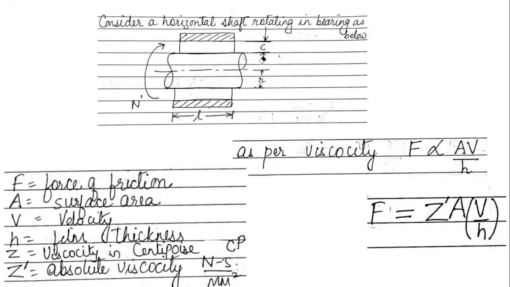If I want to remove this sign of proportionality, then F is equal to Z dash, and Z dash is the absolute viscosity in Newton second per mm square. If I write Z, the viscosity will be in centipoise.